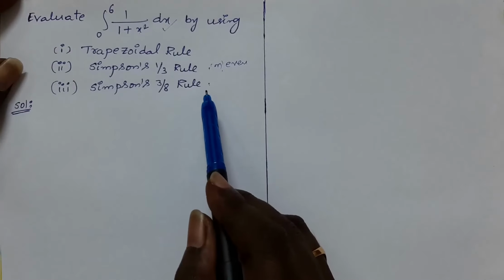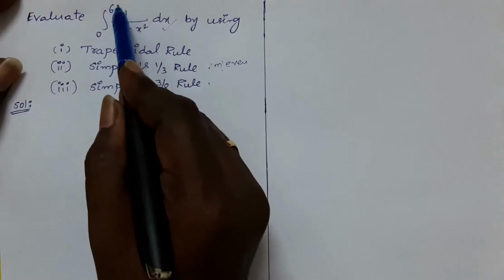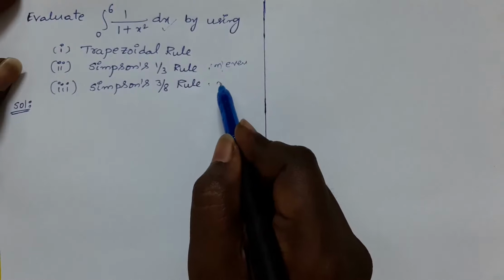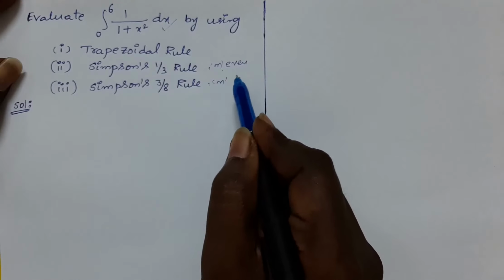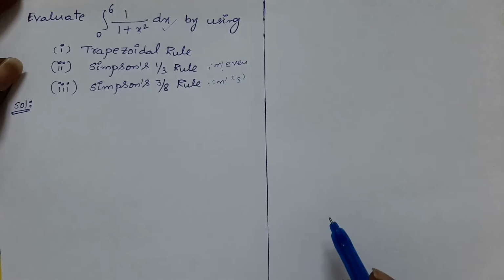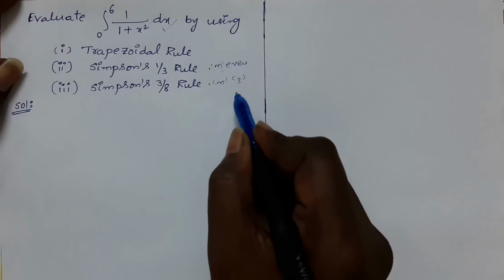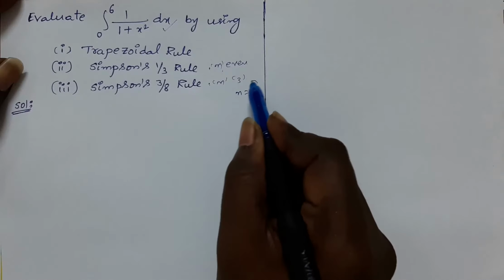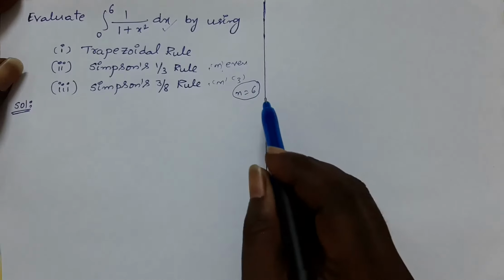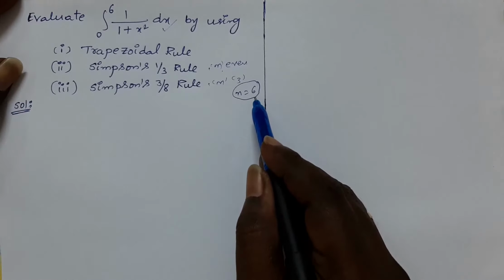And if the number of subintervals of the range 0 to 6 is a multiple of 3, then only we can apply Simpson's 3/8 rule. That's why, whenever we apply Simpson's one-third rule and Simpson's 3/8 rule at a time to the given problem, we have to take n equal to 6, because n equal to 6 is an even number and it is also a multiple of 3.